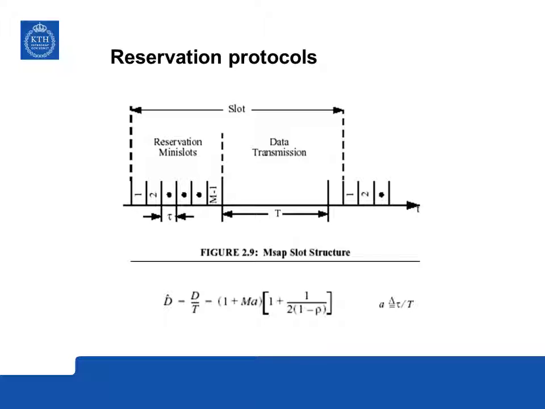And the minimum that A can be is determined by the propagation delay in the system. If A can be made very small, then the fraction MA is very small compared to 1, and the efficiency will be very close to the perfect scheduling.